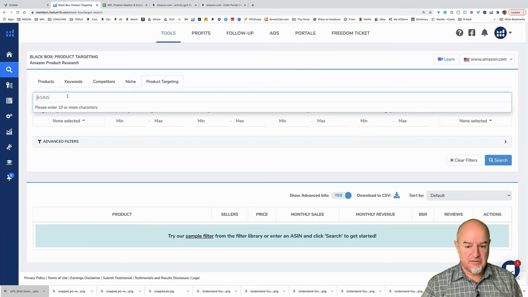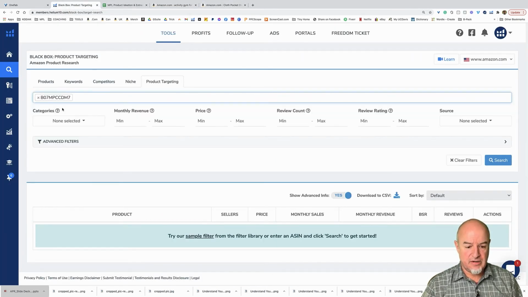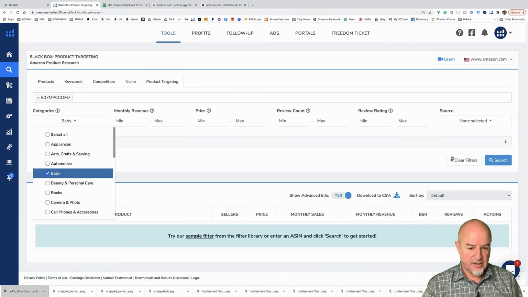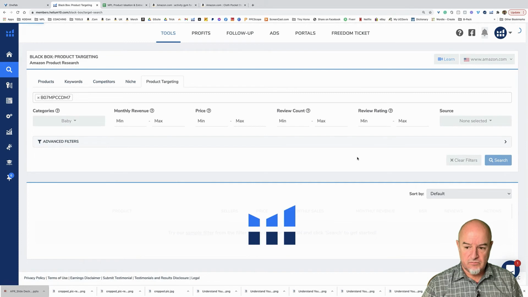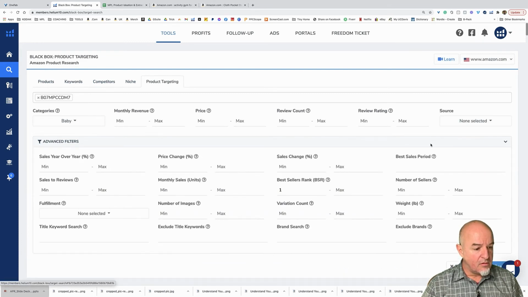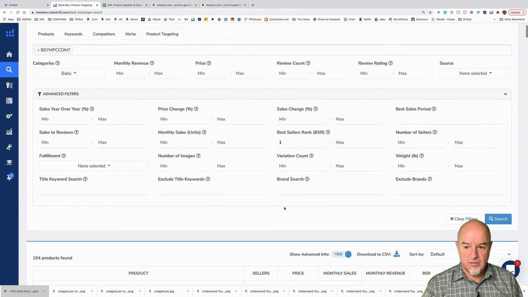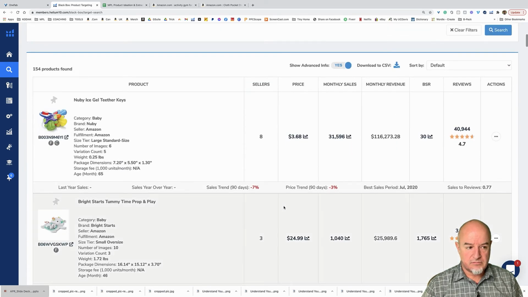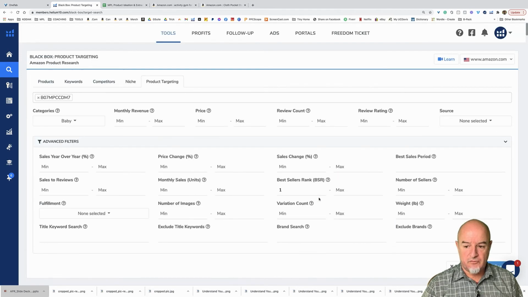And what this is going to give us is a few different pieces of information that will be really helpful. I'm going to pick baby. You can tell us 3 different things, okay? So those 3 different things are frequently bought together, Amazon suggested, or customer also bought.